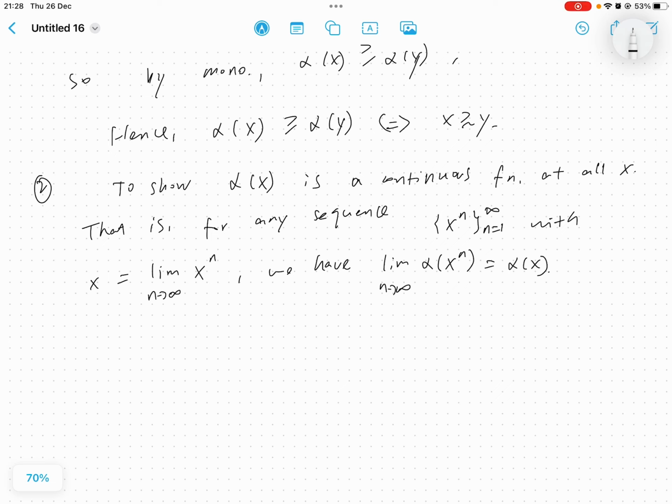So it converges to the value itself. In this case, this function is continuous.